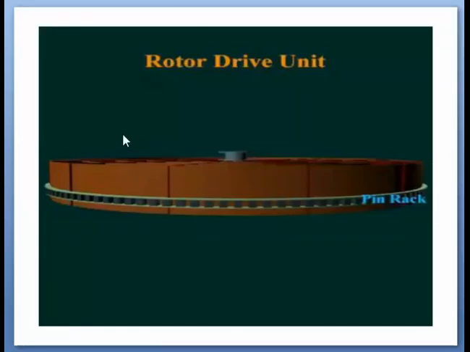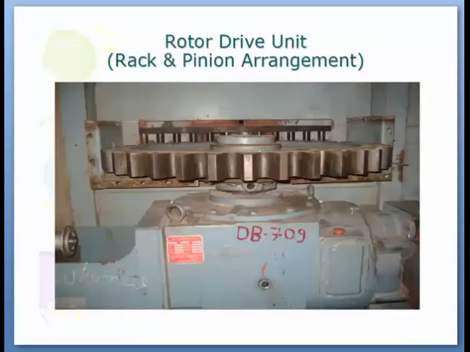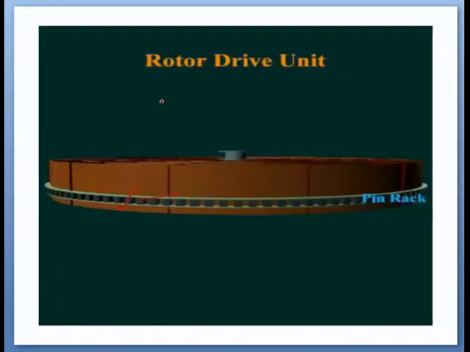So this is the pin rack on the rotor. This portion will get engaged with the rotor drive unit here, and once it rotates, it will also rotate the total rotor.